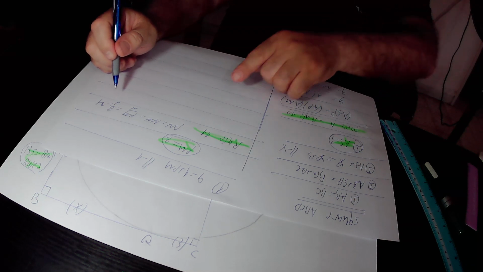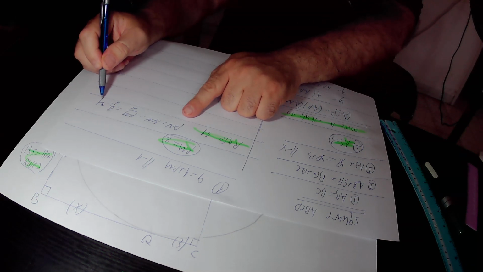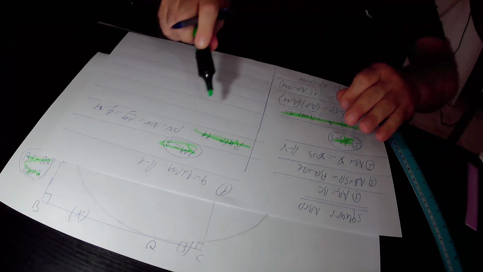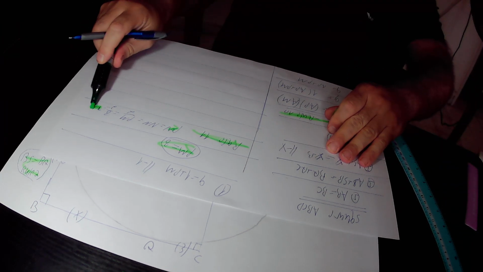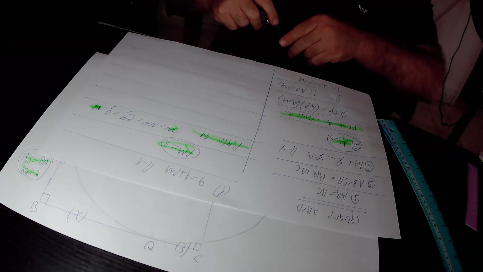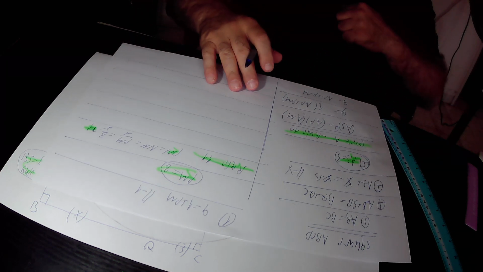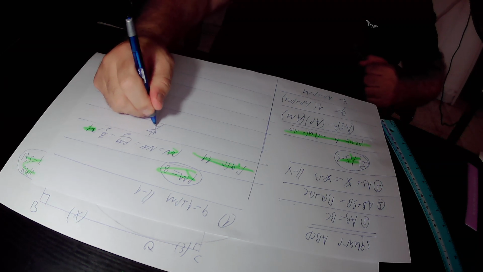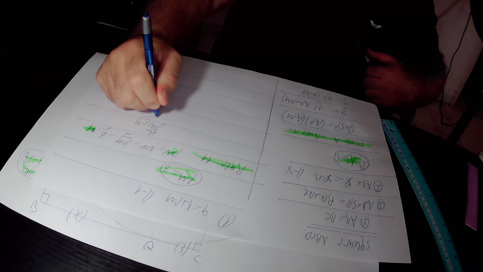So in total we find that PN equals 4 units in its length.